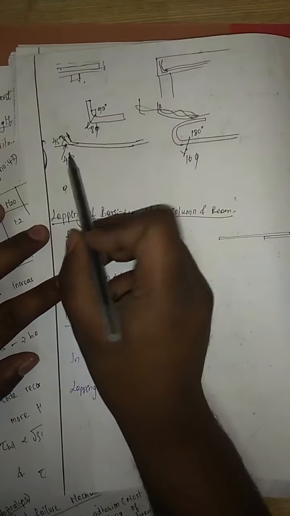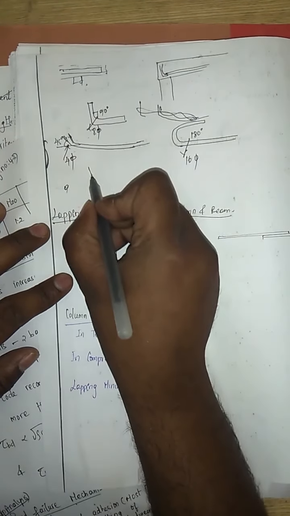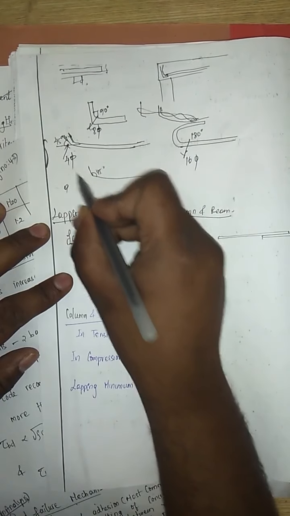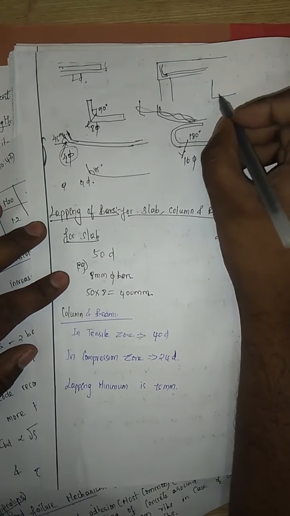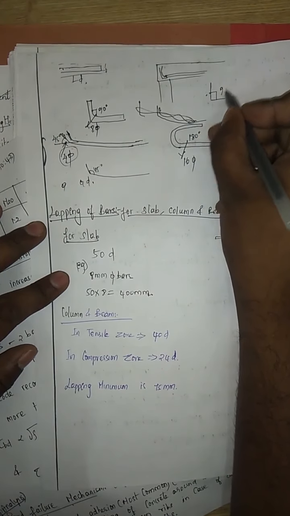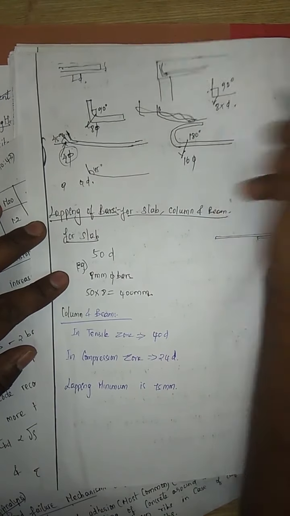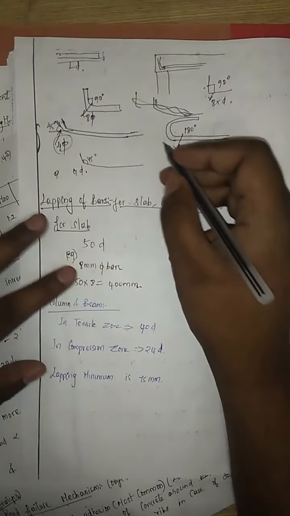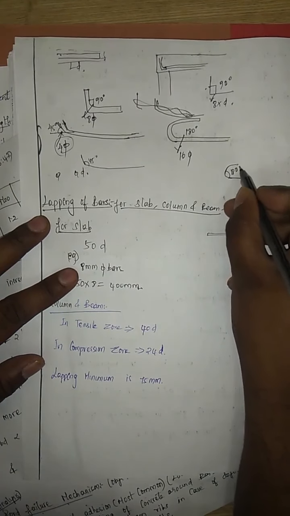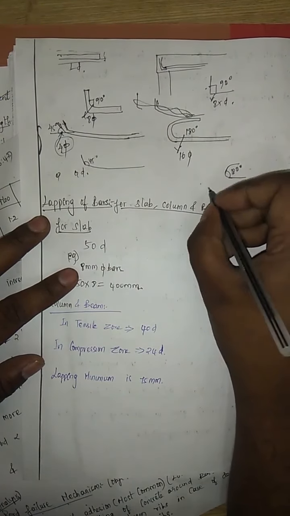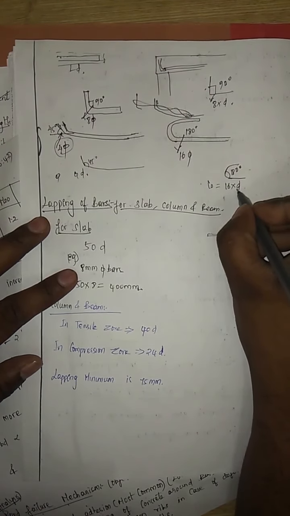See here, if it is bent in 45 degree, that is 4 into D. If it is bent in 90 degree, this angle is 90 degree, then this will be 8 into D. If it is bent in 180 degree, like this, this angle is 180 degree, the anchorage value L0 will be 16 into D. D can also be written as phi.